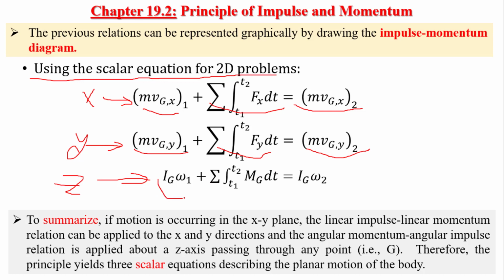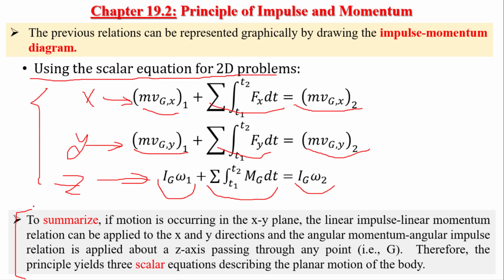This is angular momentum about z direction. This is angular impulse about z direction again, and this is angular momentum about z direction. So this explains the transformation from diagram to equation format.